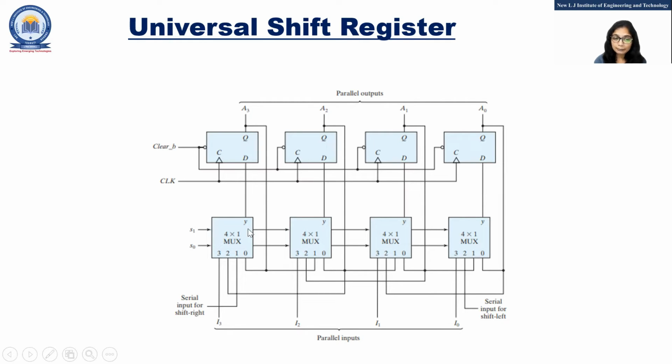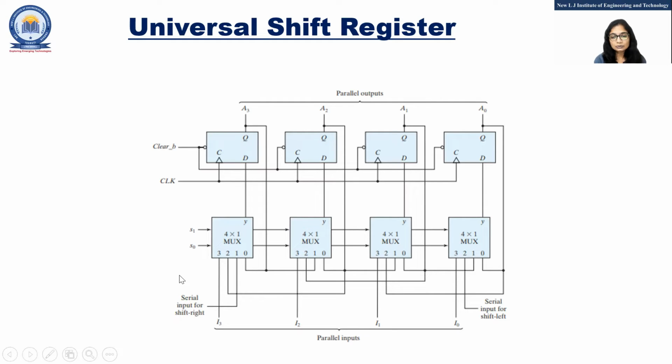So this depends on this control signal. LSB is 1 and MSB is 0. So this second line will be selected, and this output will be given to D flip-flop. Now we will see the function of this circuit in detail.